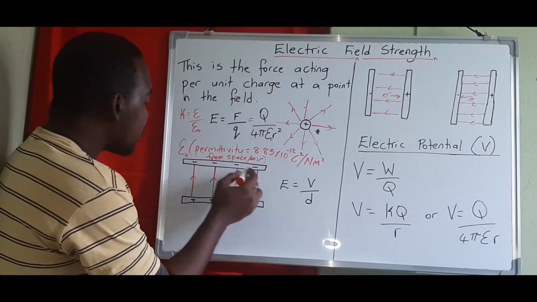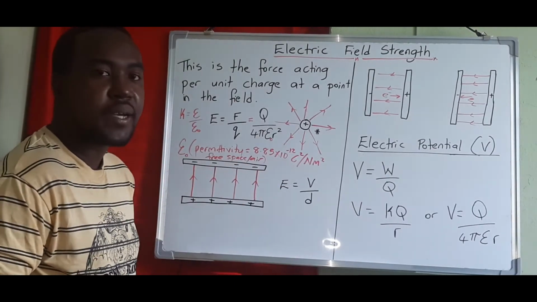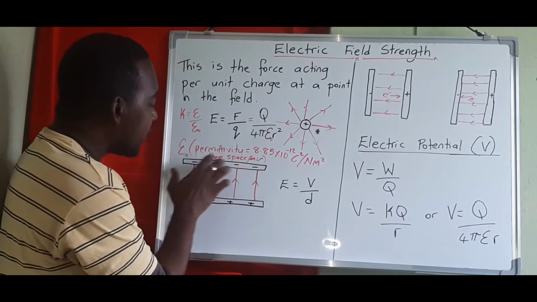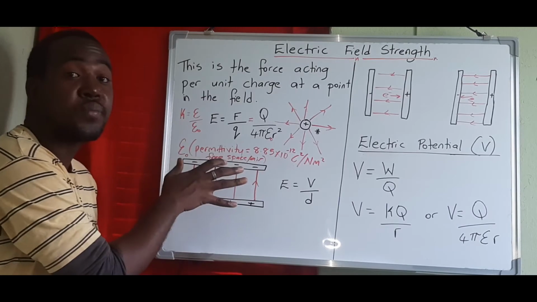In this region where we have the field lines, there is the electric field strength. Therefore we can find the electric field strength at any point because this here is a uniform field.